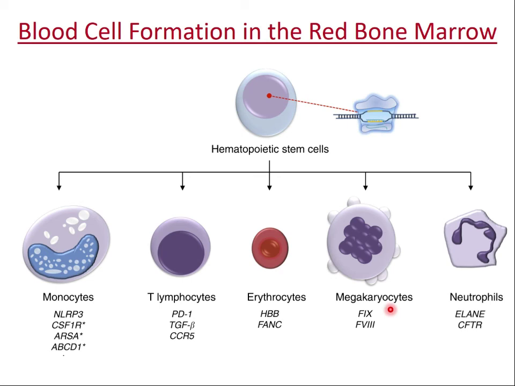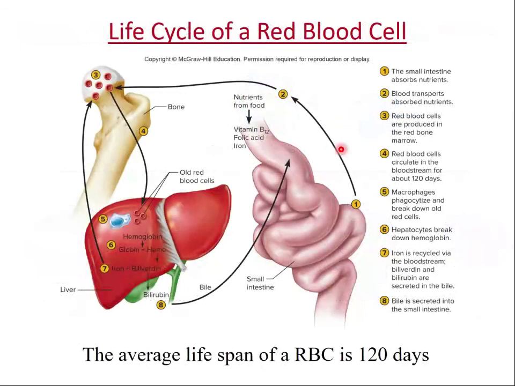So we talked about how platelets were fragments of cells. So these large cells give out fragments that become platelets. Then the other three cells that we have, monocytes, lymphocytes, and neutrophils, are part of the white blood cells. So all of them originate from the hematopoietic stem cells.